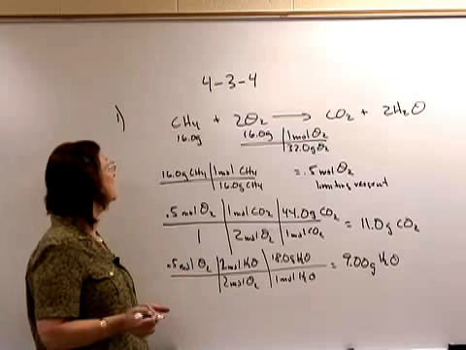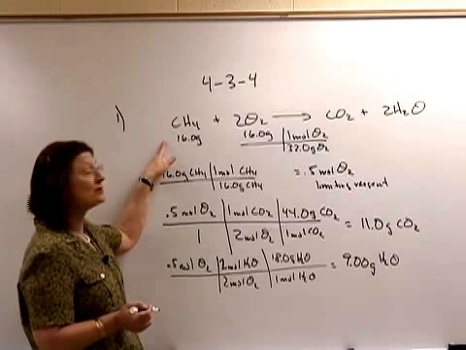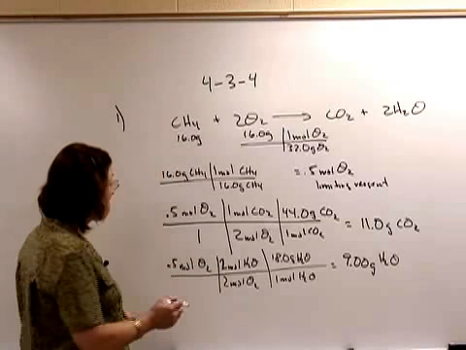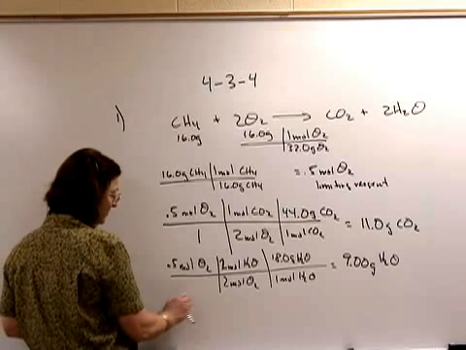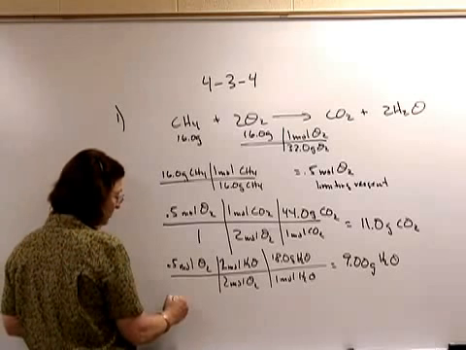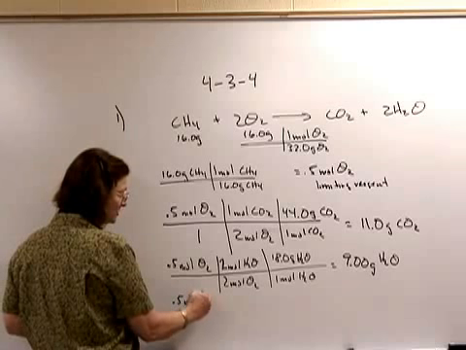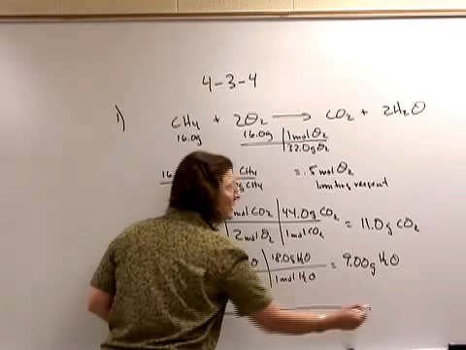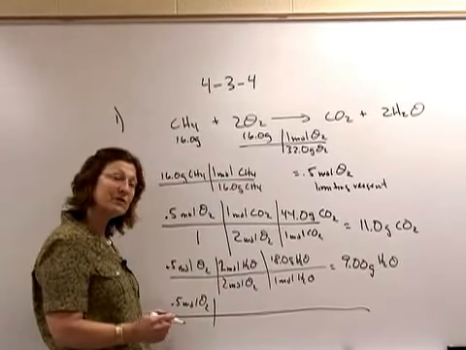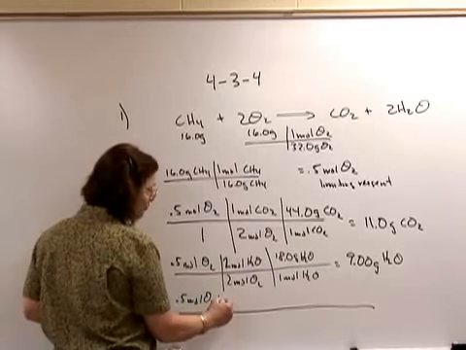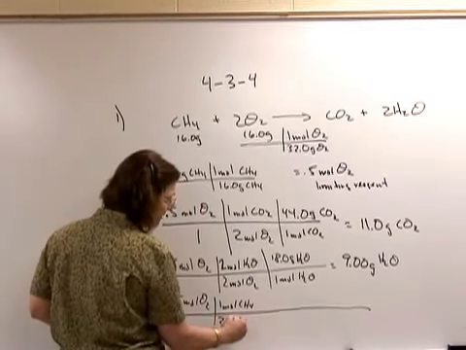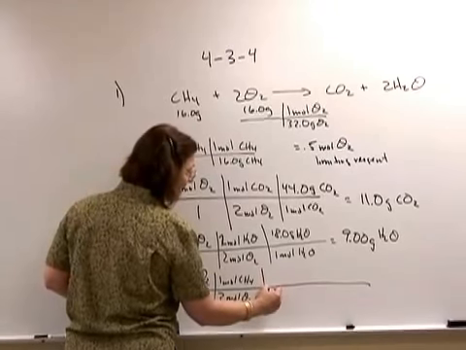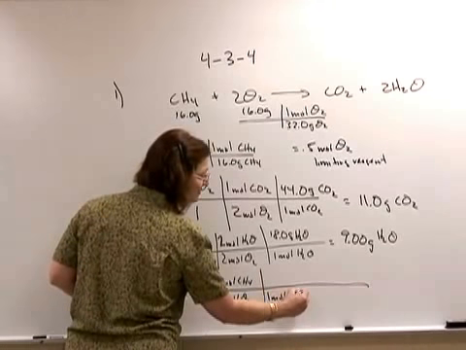Now I'm not going to have any of the oxygen left over. It's my limiting reagent, and I must address that in the lab because each one of these is worth 2 points. And so there is no oxygen remaining. However, there is going to be leftover methane. And I'm going to take my 0.5 moles of oxygen, and I want to determine how much of the methane I'm going to need.